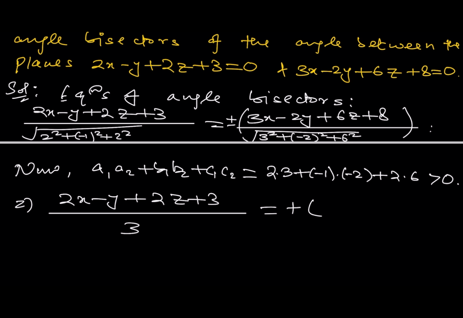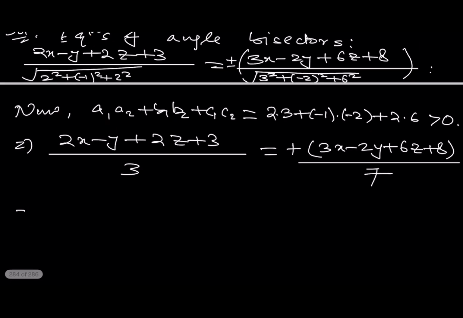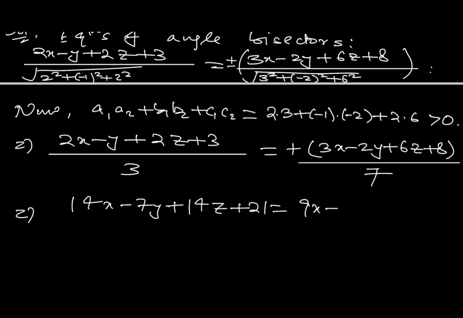So this is plus (3x minus 2y plus 6z plus 8) upon root over 3 square plus minus 2 square plus 6 square, that is 49, so root of 49 is 7. If we cross multiply, then we will have 14x minus 7y plus 14z plus 21 is equal to 9x minus 6y plus 18z plus 24, right?